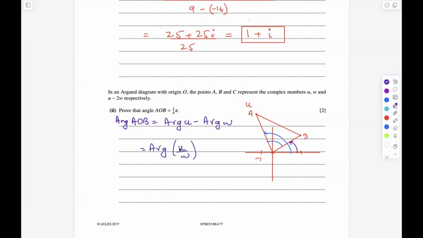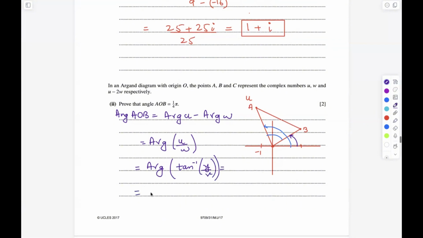Now, as we already have u/w in a simplified form, which we did in the first step, which is 1 + i, finding the argument of u/w, we do tan inverse of y upon x. The y coordinate of u/w is 1, and the x coordinate is also 1. So the argument will be tan inverse of 1/1, which is equal to pi/4.